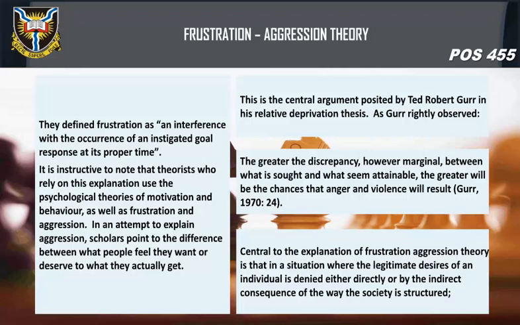As Gurr rightly observed, the greater the discrepancy, however marginal, between what is sought and what seems attainable, the greater will be the chances that anger and violence will result. Central to the explanation of frustration-aggression theory is that in a situation where the legitimate desires of an individual is defined either directly or by the indirect consequences of the way the society is structured.